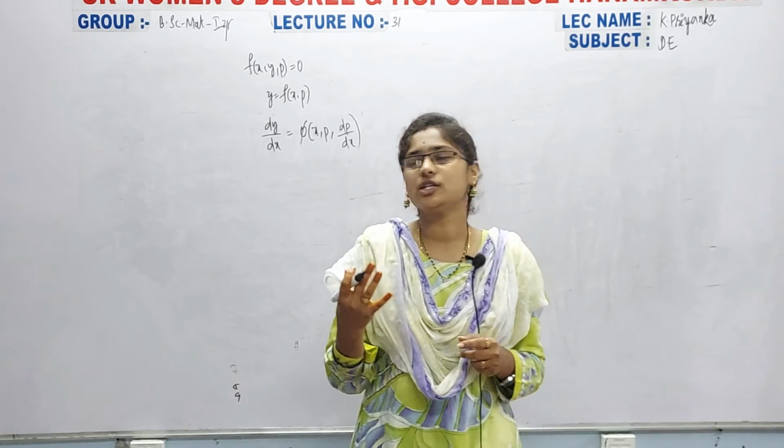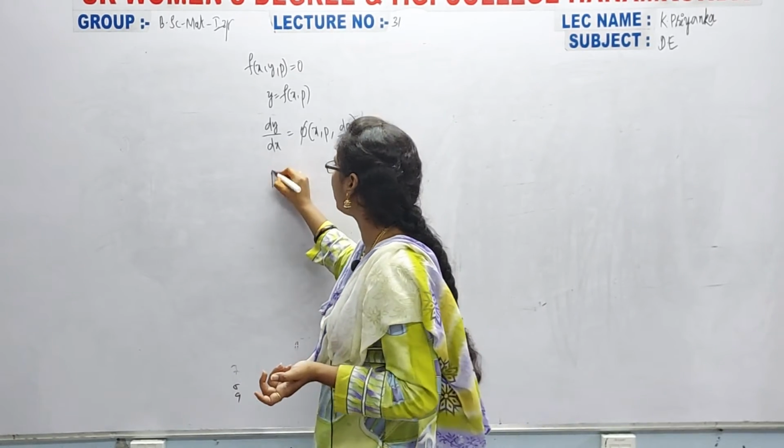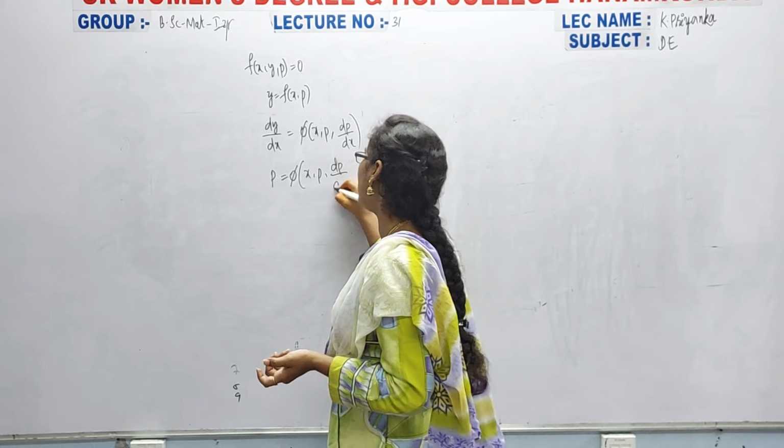Now dy by dx value is nothing but p. So p is equal to phi of x comma p comma dp by dx.